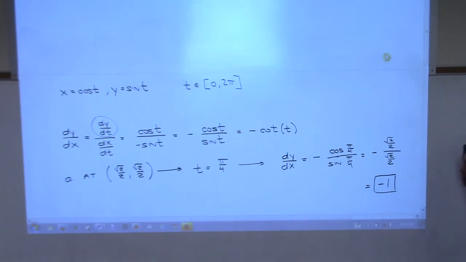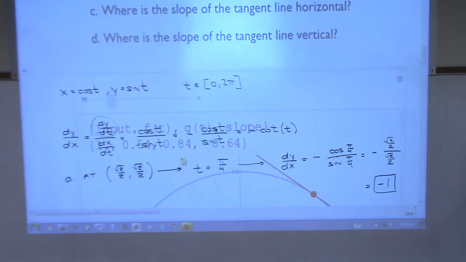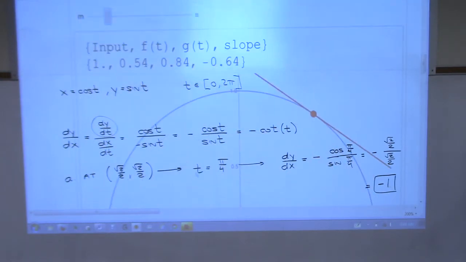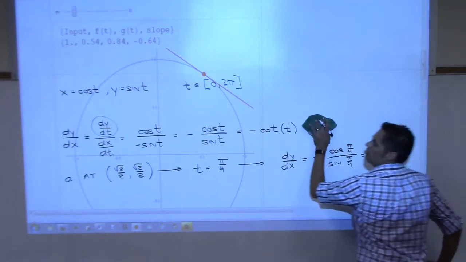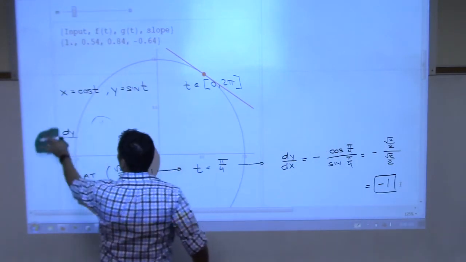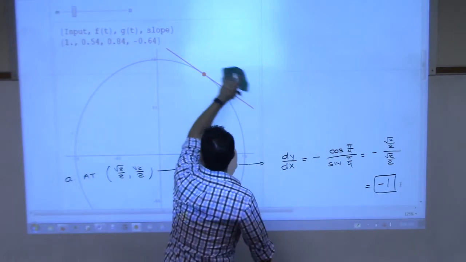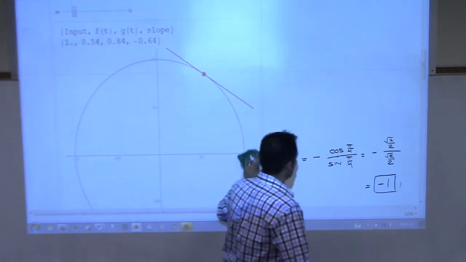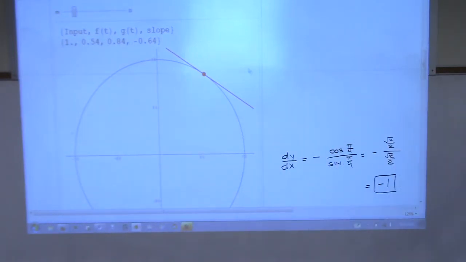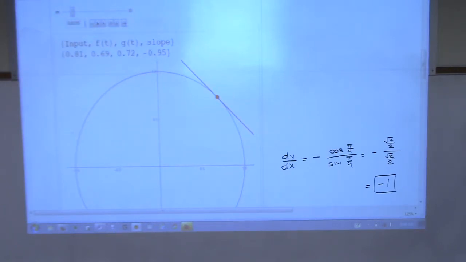All right, so let's just verify this by going back and taking a look at the graph. If I go to that point, root 2 over 2, root 2 over 2, I'm going to have to just type in pi over 4 here.